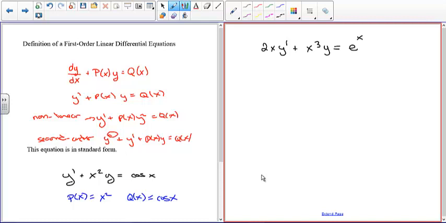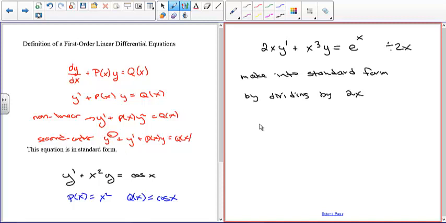So to make it into standard form, I divide by 2x. I'm just dividing everything by 2x.